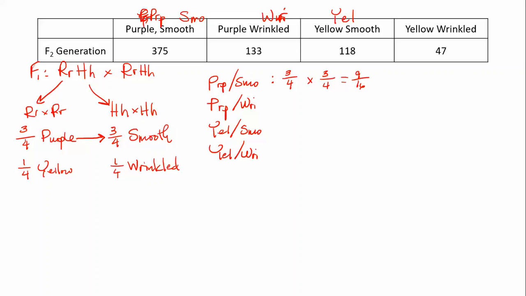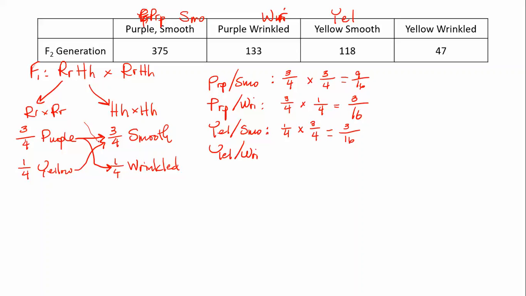If you're purple and wrinkled, that's this probability and this probability. So you've got a 3/4 chance of being purple, and you've got a 1/4 chance of being wrinkled, which means your probability is 3 out of 16. To be yellow and smooth, that's going to be this probability with this one. So a 1/4 chance of being yellow and a 3/4 chance of being smooth, which is 3/16.